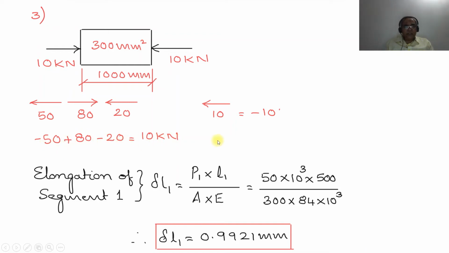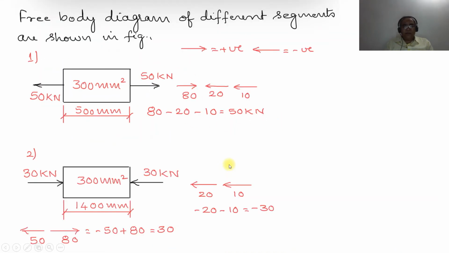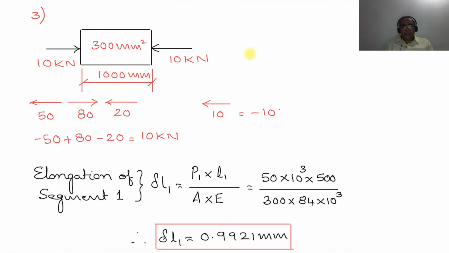Since it is 10 kilonewton, it is acting towards the right side. Similarly, only 10 kilonewton is acting towards the left side at the other end of the sub bar. Since it is negative according to the sign convention, we get minus 10, which means it is acting towards the left side.